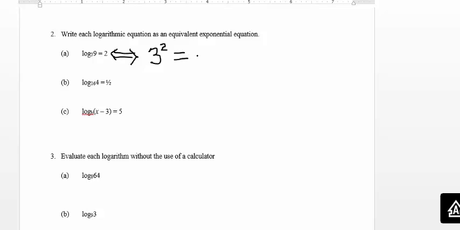So when you apply the exponent 2 to 3, you get the input to the log, and we call the 9 the input to the logarithm. So 3 squared equals 9 is equivalent to the base 3 log of 9 equals 2. So the base 16 log of 4 equals 1/2 is the same as 16 to the 1/2 power is equal to 4.